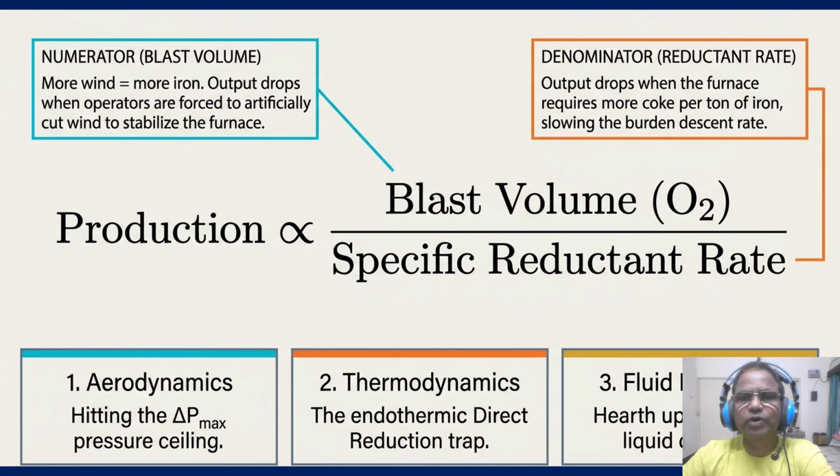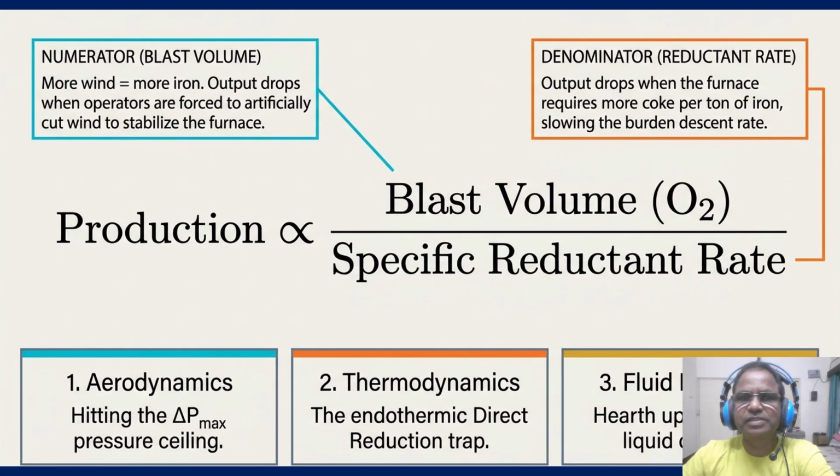If your furnace requires more coke per ton of hot metal because of poor reduction kinetics, your burden descent slows down and your output drops regardless of how much wind you try to force in. Notice the three tabs at the bottom: aerodynamics, thermodynamics, and fluid dynamics.